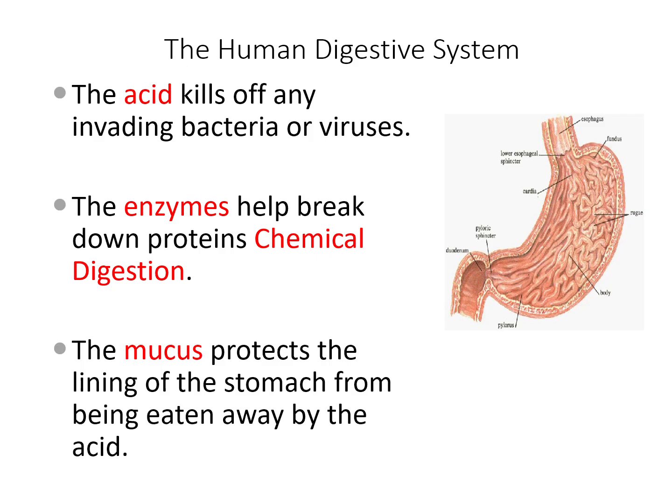The enzymes help break down proteins, and the mucus protects the lining of the stomach from being eaten away by the acid. Now, if the mucus concentration on your stomach lining is very low, or if it is being overpowered by the acid, that's when you get an ulcer.